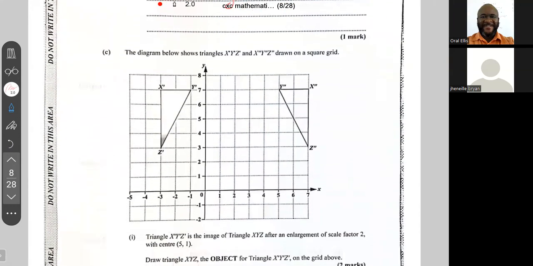C says the diagram below shows triangle X prime, Y prime, Z prime and X double prime, Y double prime, Z double prime, drawn on a square grid.